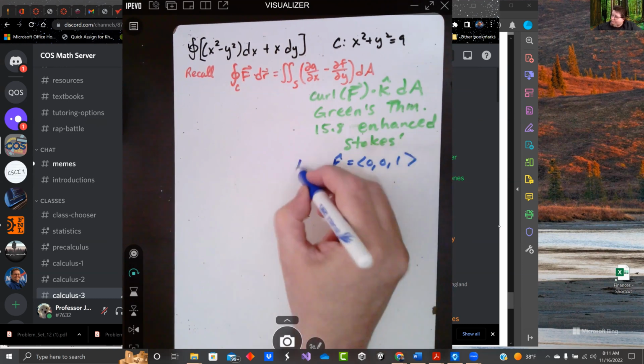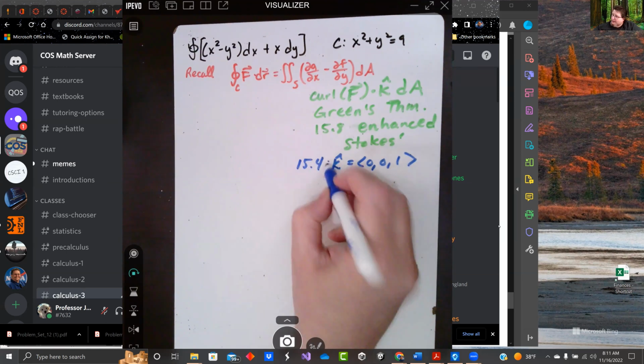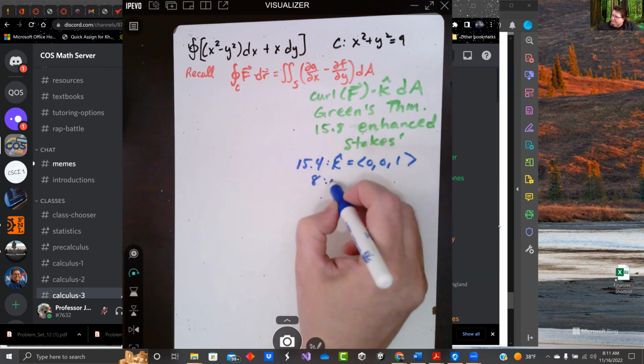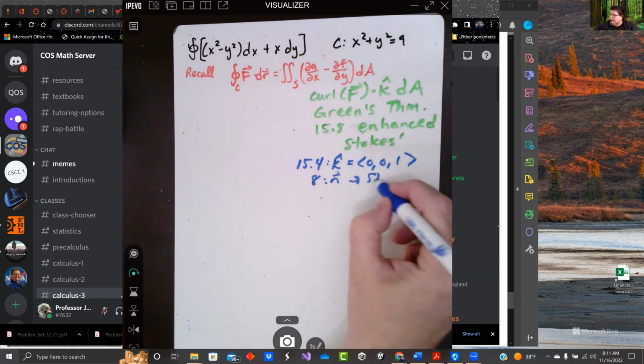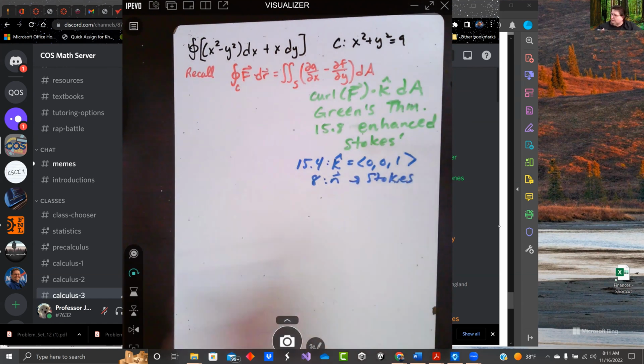This is 15.4. That's what we're dotting the curl with. In 15.8, we're using any vector n, and that'll be Stokes' theorem. So understanding the process now really gets you revved and ready to go for 15.8.